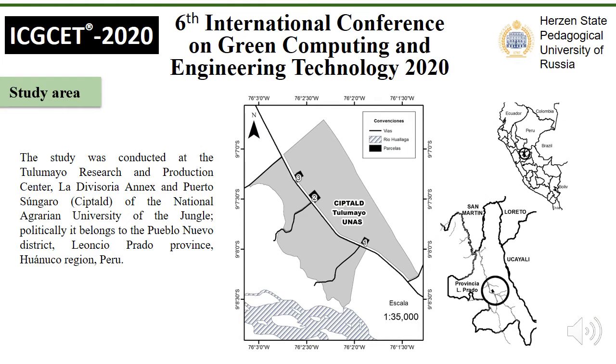The study area, as we can see in the figure, was conducted at the Tulumayo Research and Production Center, La Divisora Annex, and Puerto Zúngaro of the National Agrarian University of the Jungle.